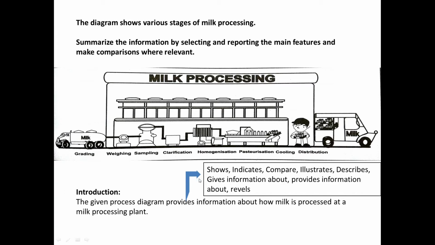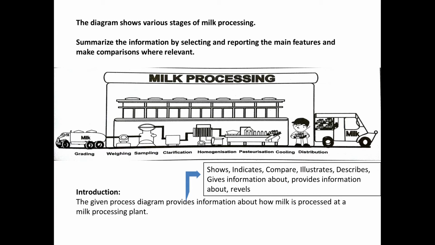Instead of that I can also use words like shows, indicates, compares, illustrates, describes, gives information about, provides information about, reveals. So I can also write "the given process diagram reveals information about", and in some cases it is required to change the sentence a little bit. So it is very easy if you practice more.